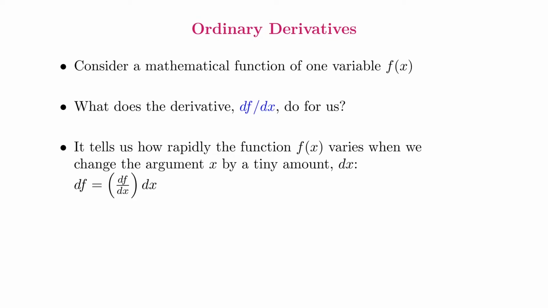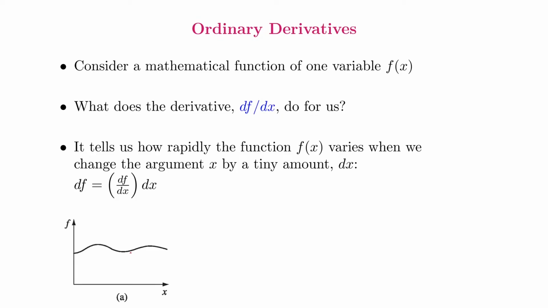That is, df is proportional to dx, and df is equal to df/dx times dx. In other words, if we increment x by an infinitesimal amount dx, then f changes by an amount df, and the proportionality factor is the derivative.